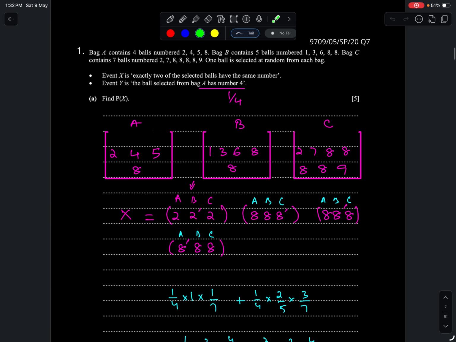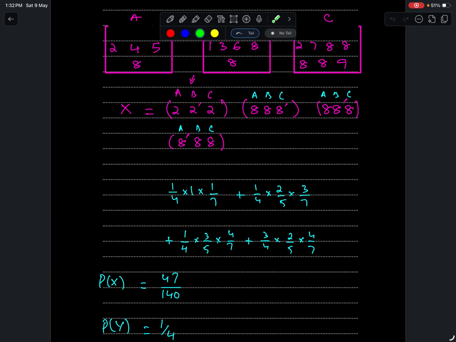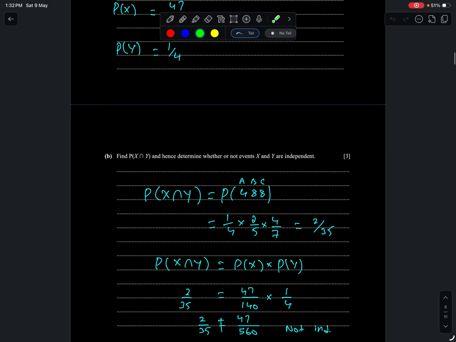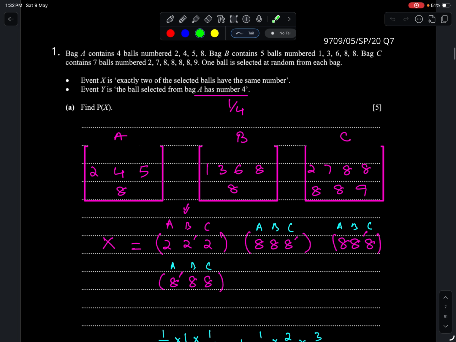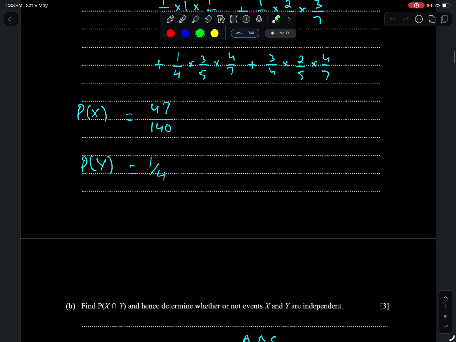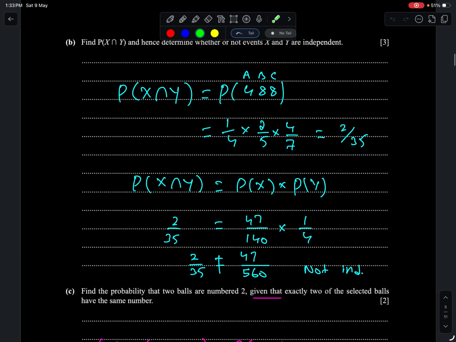Now event Y is the ball selected from bag A has number 4, 1 upon 4. Done? Next, find X intersection Y. X intersection Y means from X we have same number balls, right? 2 balls have same number and Y means number 4. So X intersection Y means 4 and 2 same balls.